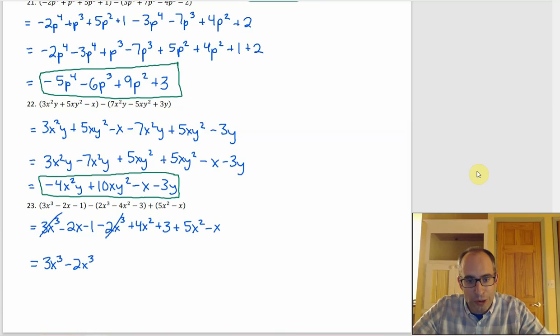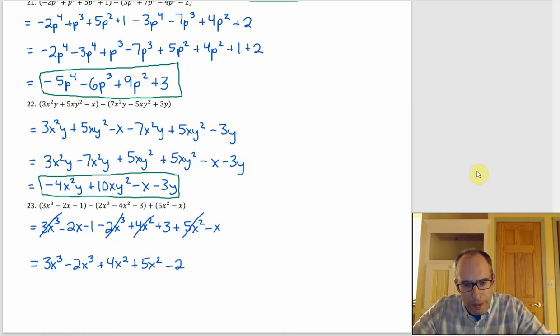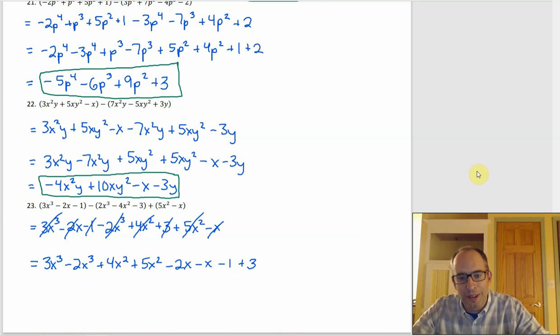That's all the x cubed. So then x squareds, plus 4x squared. We got that one. And then plus 5x squared down toward the end. We got that one. X terms, we got a minus 2x back here. All right, so that one's off the board. And then minus x at the very end. And then other than that, we just have a minus 1 here and then a plus 3 there. So minus 1 plus 3. And I guess that would be all of it.